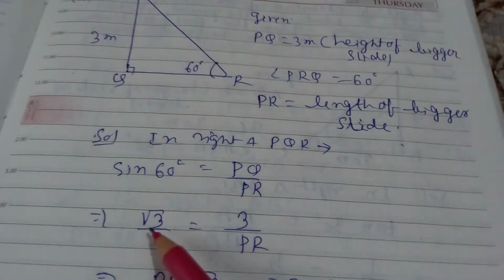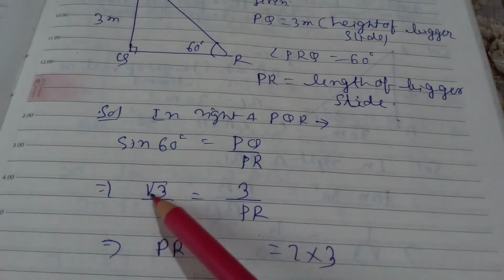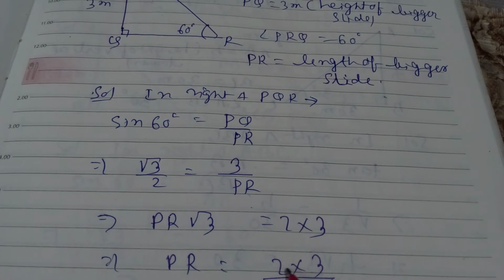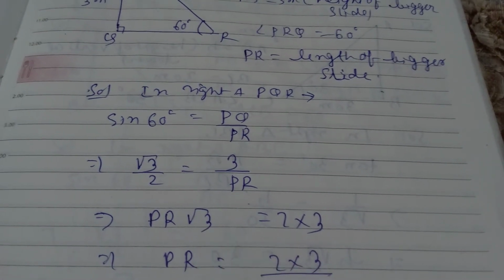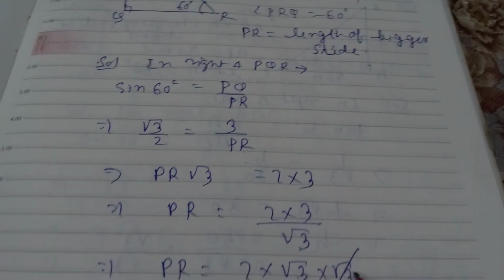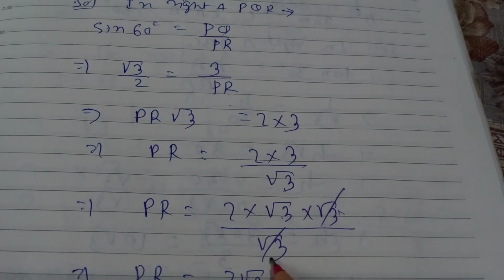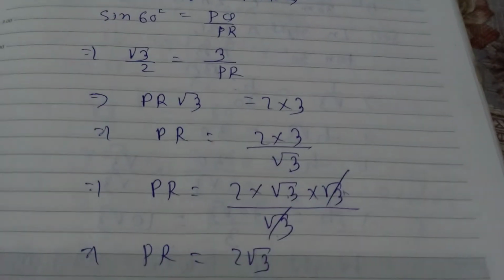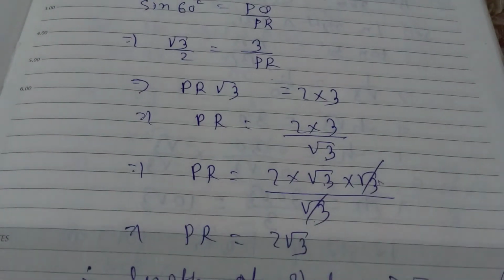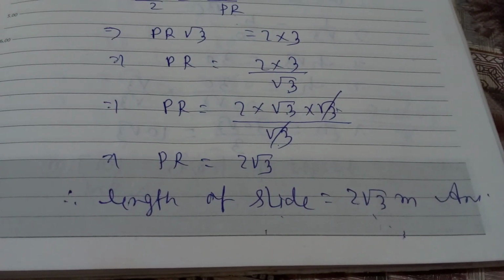So sin 60's value, root 3 by 2, equal to 3 by PR. By cross multiplication, PR root 3 equal to 3 into 2, that is 6. So PR equal to 2 into 3 by root 3. And 3 is root 3 into root 3. Root 3 cancels. So 2 root 3. So the length of the bigger slide is 2 root 3 meter.